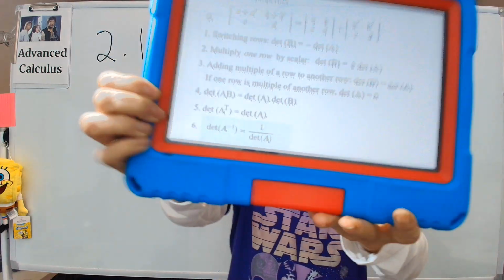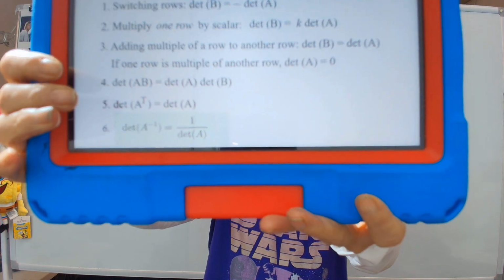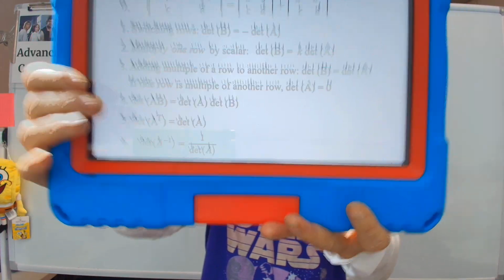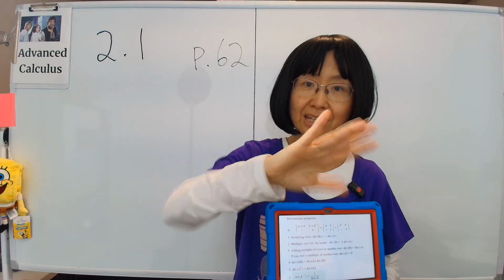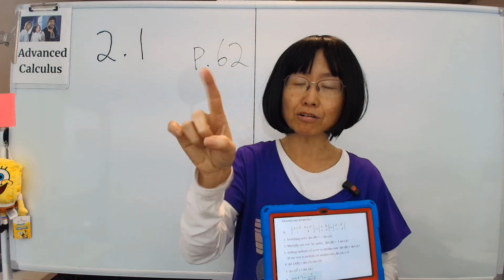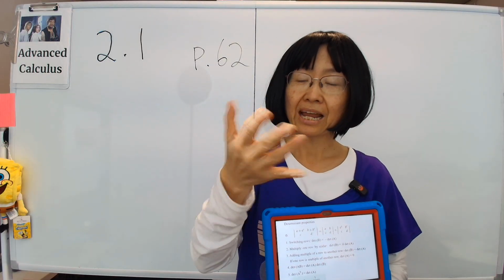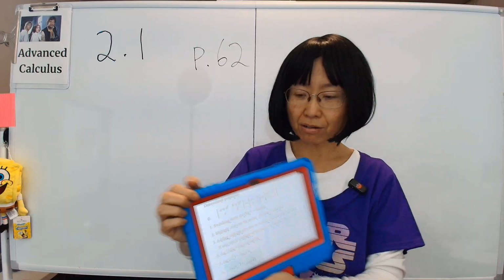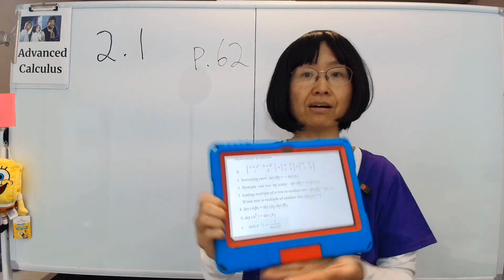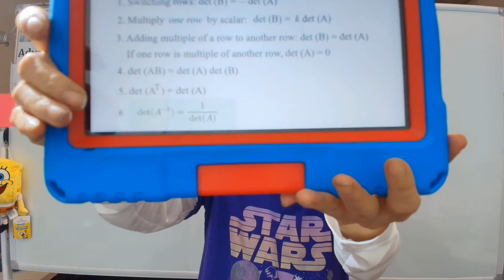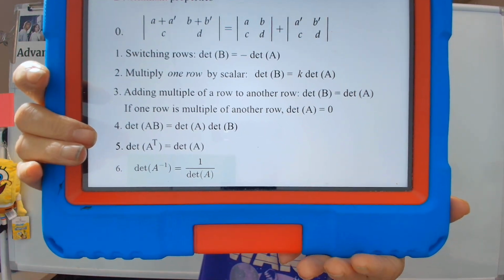And number 5, of course, is that the determinant can be transposed and doesn't change. In other words, you can flip the matrix diagonally. All rows become columns in order, and then things are the same, which means all these things that we say about rows also work for columns as well. Okay, because of this property, because the determinant can be transposed.